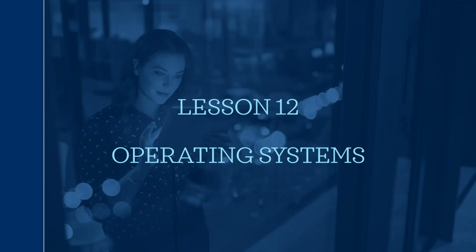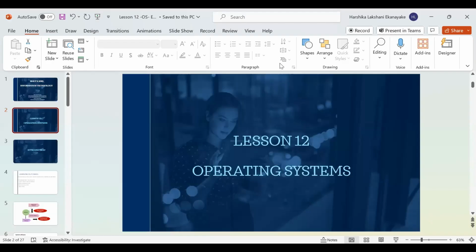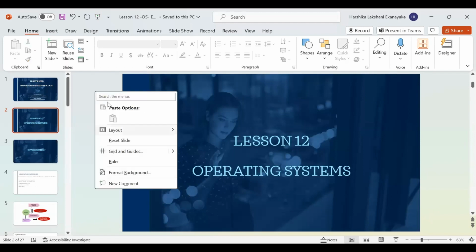For an example, just imagine, you can see a beautiful screen, right? Different icons are available. If I right click like this, you can see the menu bars. It's so attractive.